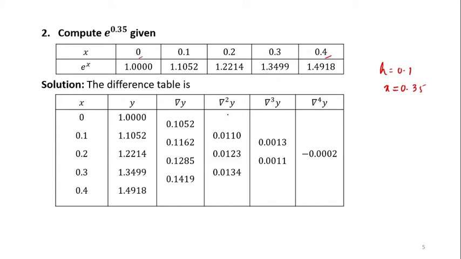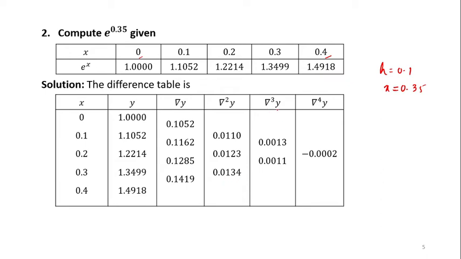As before, to get the values of del square y, we subtract each number of del y from its next number. That is 0.1162 minus 0.1052 is 0.0110. 0.1285 minus 0.1162 is 0.0123. 0.1419 minus 0.1285 is 0.0134.